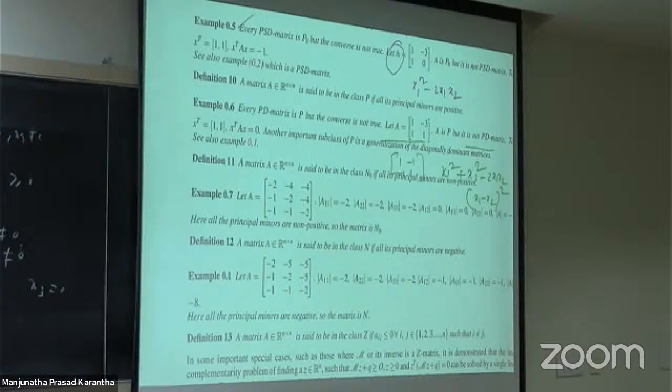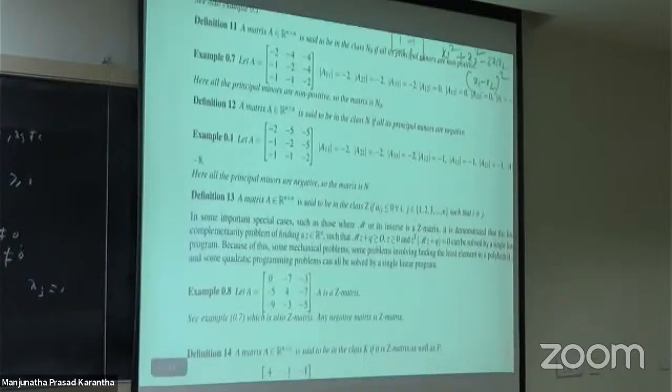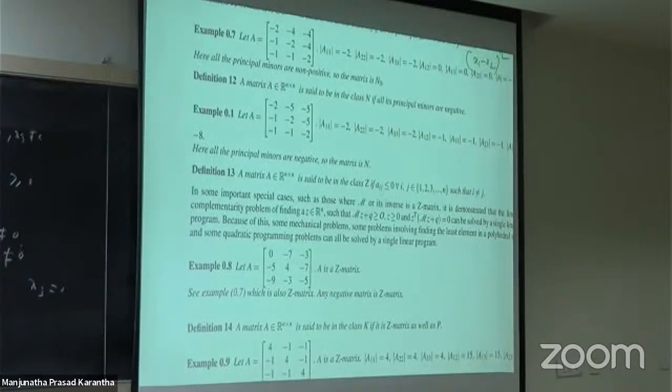So you can see that it is definitely not P, and also not PD, because if you take half A plus A transpose, its leading principal minors should be positive, but it is not happening. Understood? Is there any doubt? Any doubt?